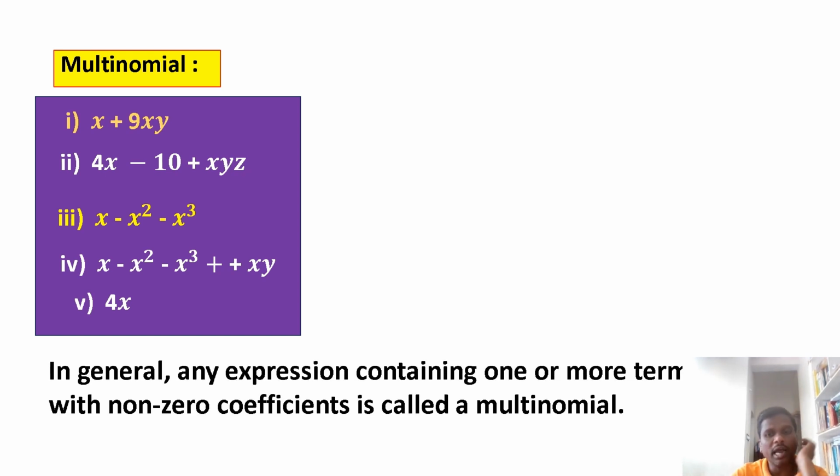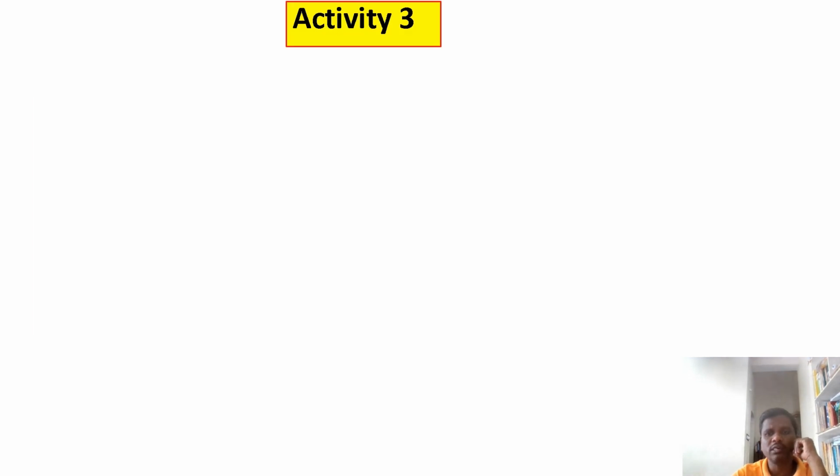In general, an expression containing one or more terms with non-zero coefficients is called a multinomial. These are all multinomials. By specific name they are binomial, trinomial, monomial, but every monomial, binomial or trinomial is also called a multinomial.